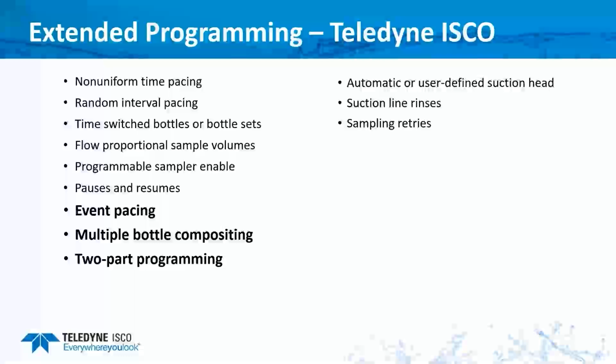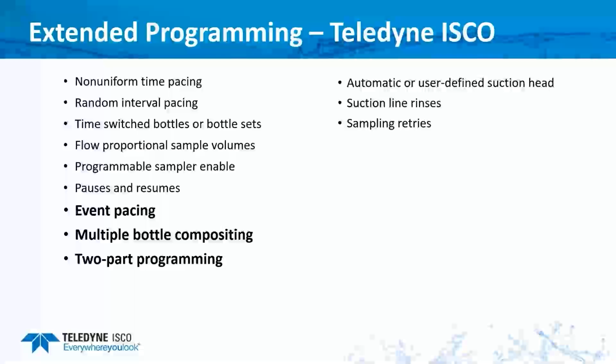We have a variety of programmable sampler enable conditions that we can utilize to say, don't sample, wait for this to happen. Whatever this is, again, is user definable. And in this particular discussion of the day, this would be that our toxicity has gone above or below our acceptable normal range of value.